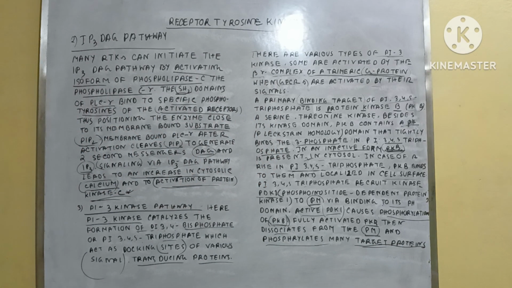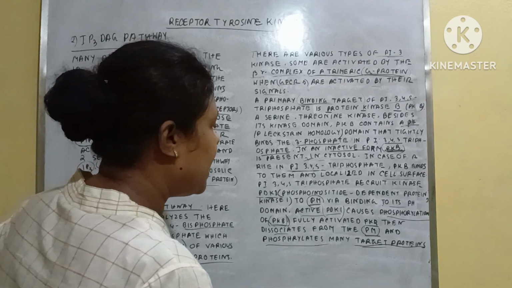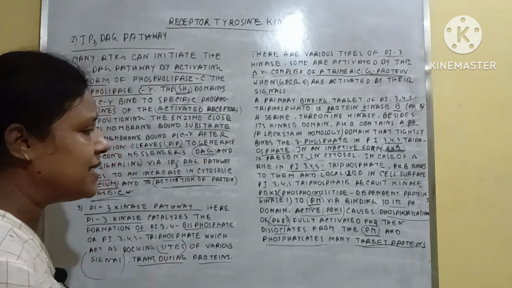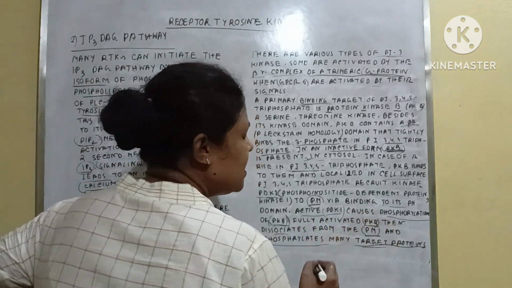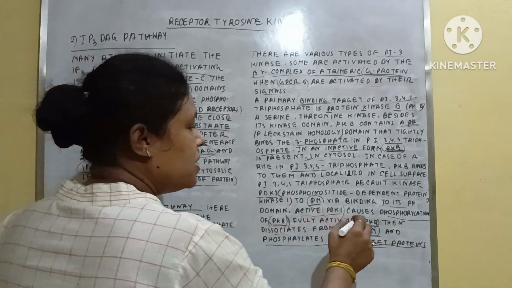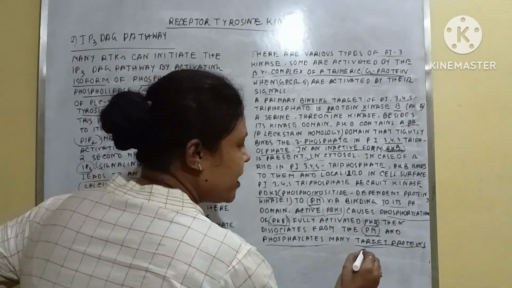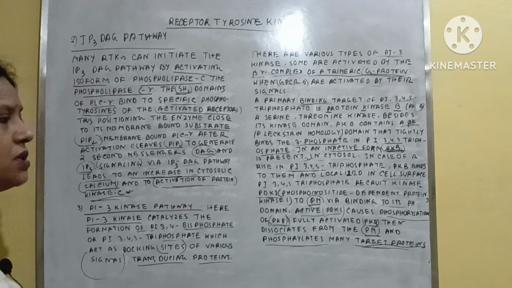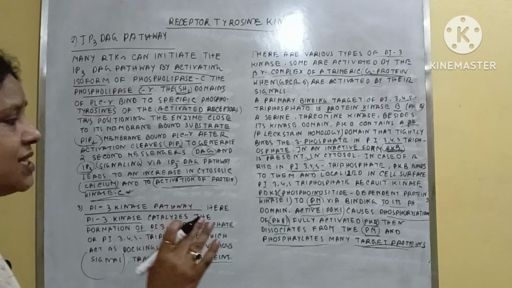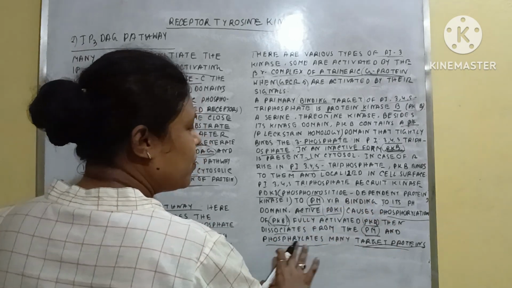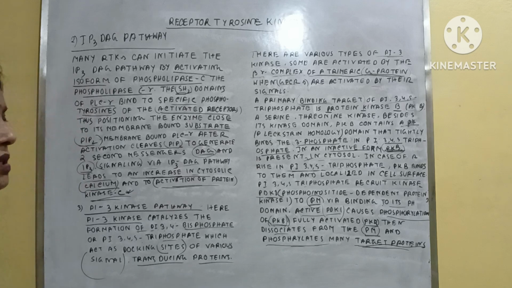Okay, sorry, here one thing I told wrong: the PKB is actually activated and it helps in the phosphorylation of target proteins. Clear? So it's activated and phosphorylates many target proteins.